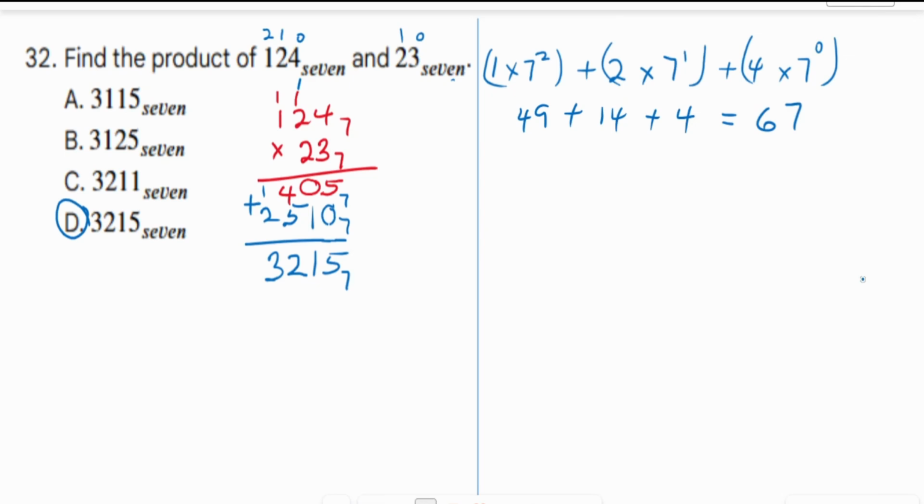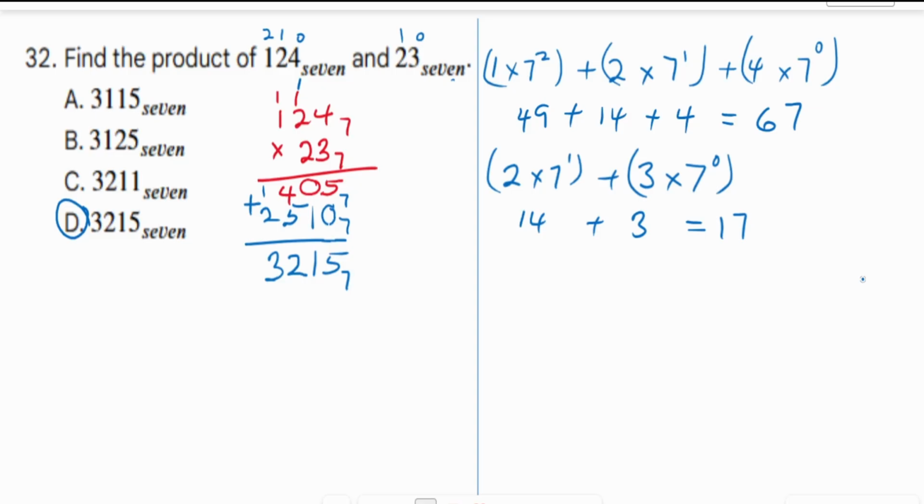And then we do the same with the 2, 3. So that'll be 2 times 7 exponent 1 plus 3 times 7 exponent 0. This is 14 plus 7 exponent 0 is 1 times 3 is 3. And that will give us 17.